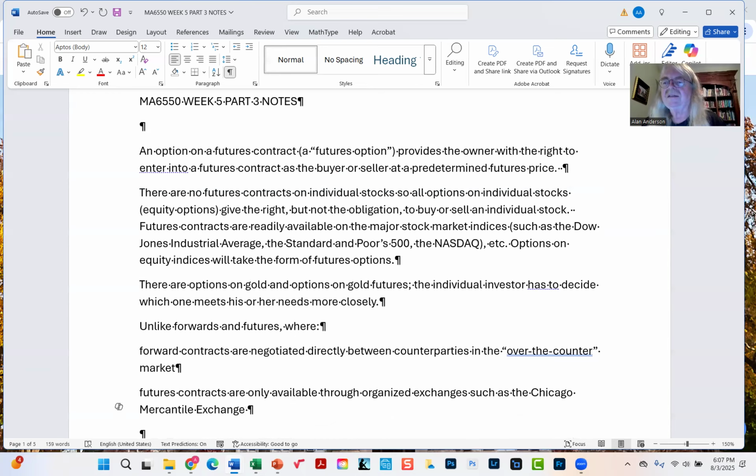It certainly is the biggest in the United States, possibly the world. It's big. The volume of trading there is quite large.